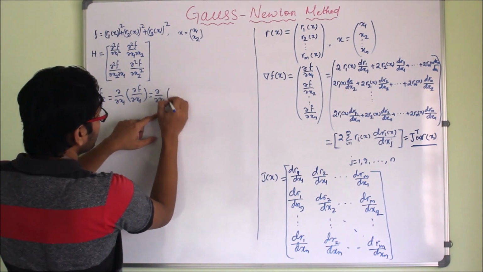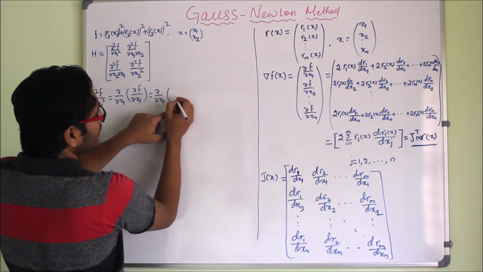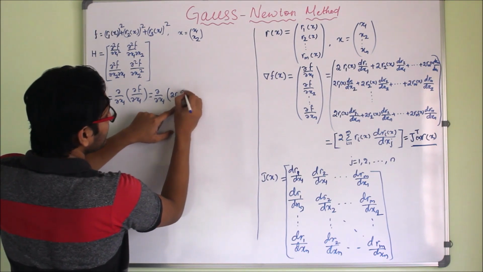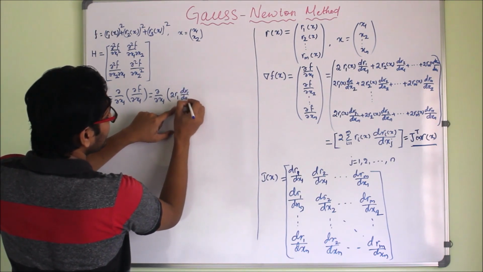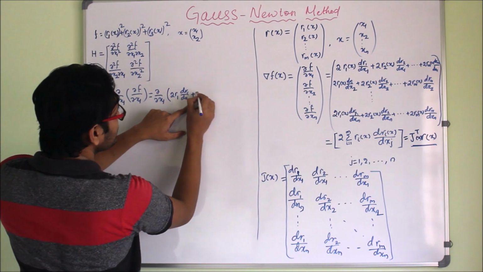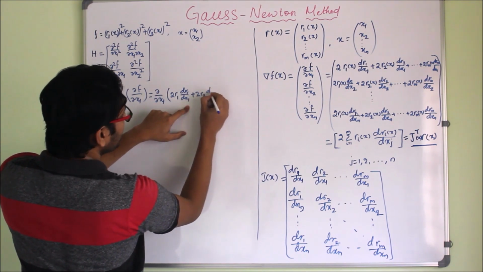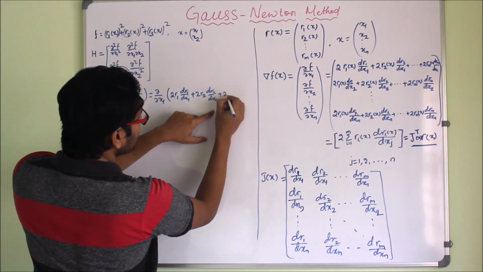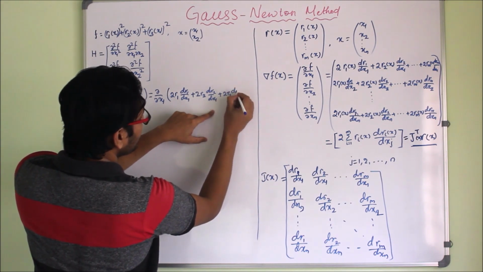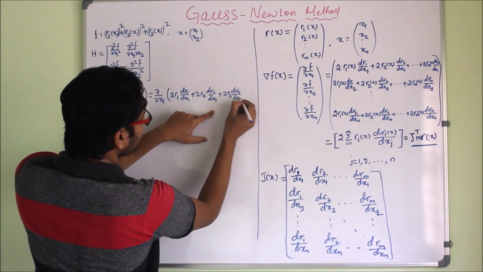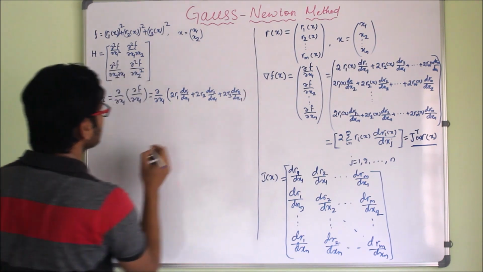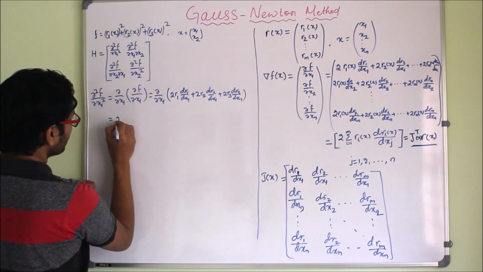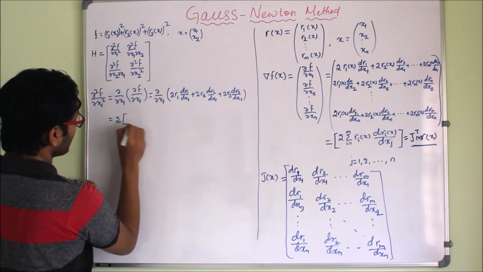So inside the bracket, what will happen? 2 r1 dr1/dx1 plus 2 r2 dr2/dx1 plus 2 r3 dr3/dx1. And now finally, we will take 2 common.